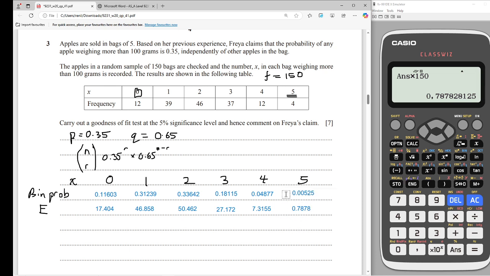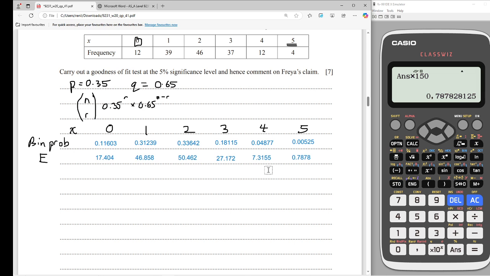Okay, now what you should know is that before we calculate our test statistic using summation formulas, the summation formulas do not hold for expected values below 5. Over here we do have an expected value below 5, so we cannot proceed just yet. How do we remove this issue? We need to add this to our next value, which is 4 over here. In doing so, we will get all values above 5. So let's add this with 7.3155, which gives 8.10332.